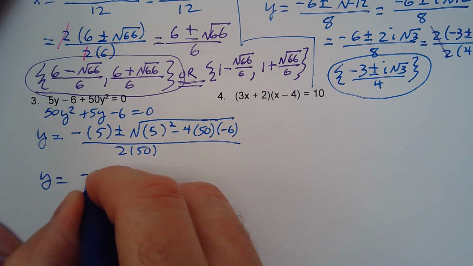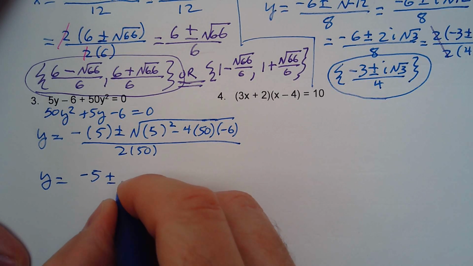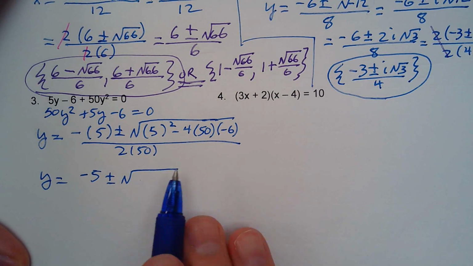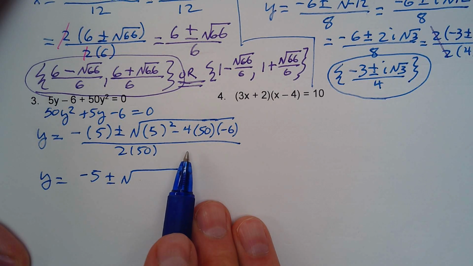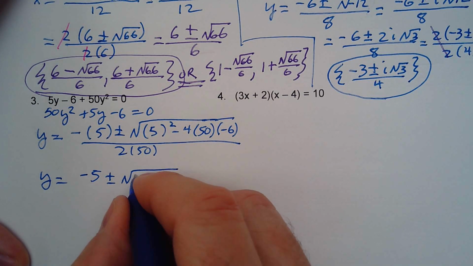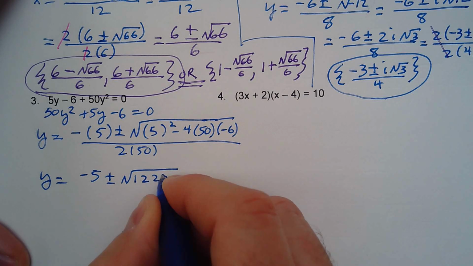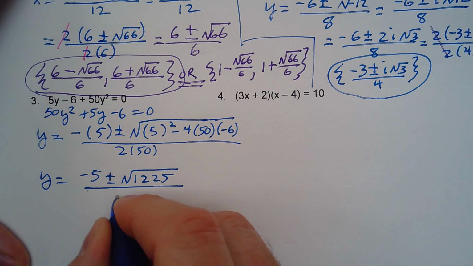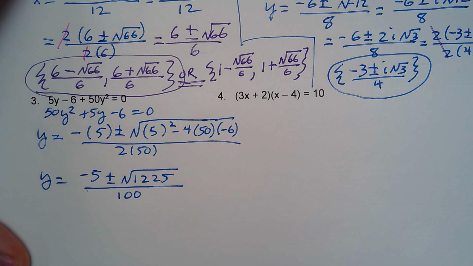So this is negative 5 plus or minus. If you work this out on your calculator, you should get a big old number, 1,225 over 100. You can pause the video and just verify you get that.